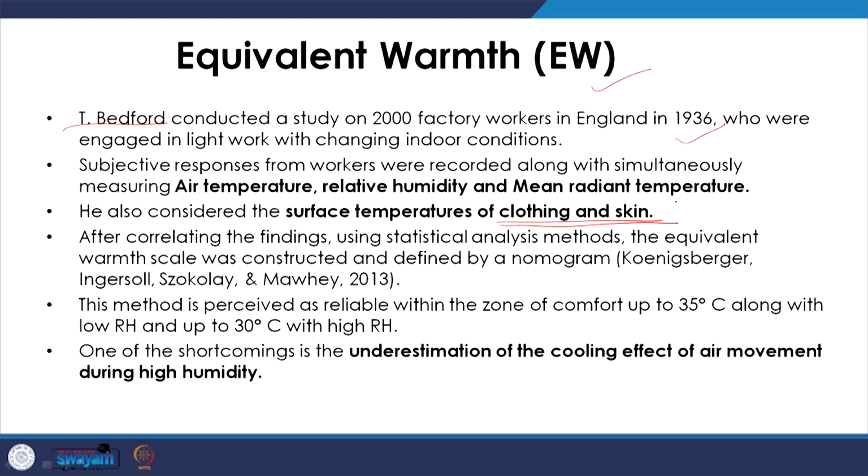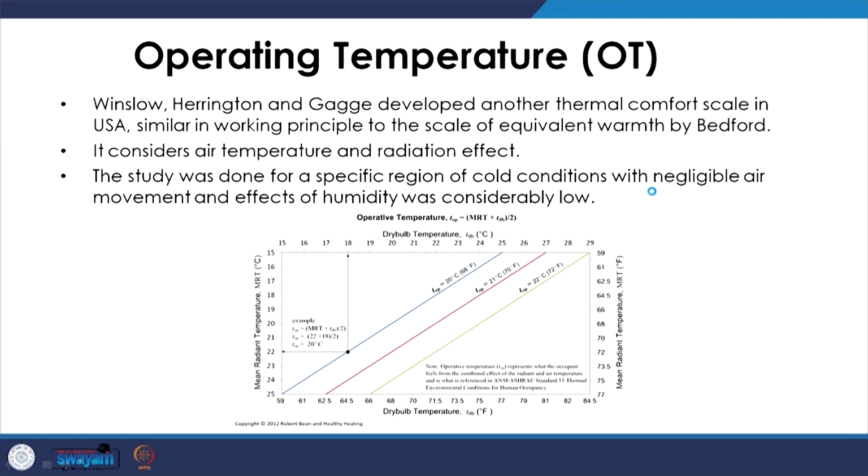So, in some way the clothing and metabolic rate were brought in, but not in the units which we currently understand. It was only the surface temperatures of clothing and skin which were brought together. So almost all the parameters, including environmental and personal parameters, were brought in.